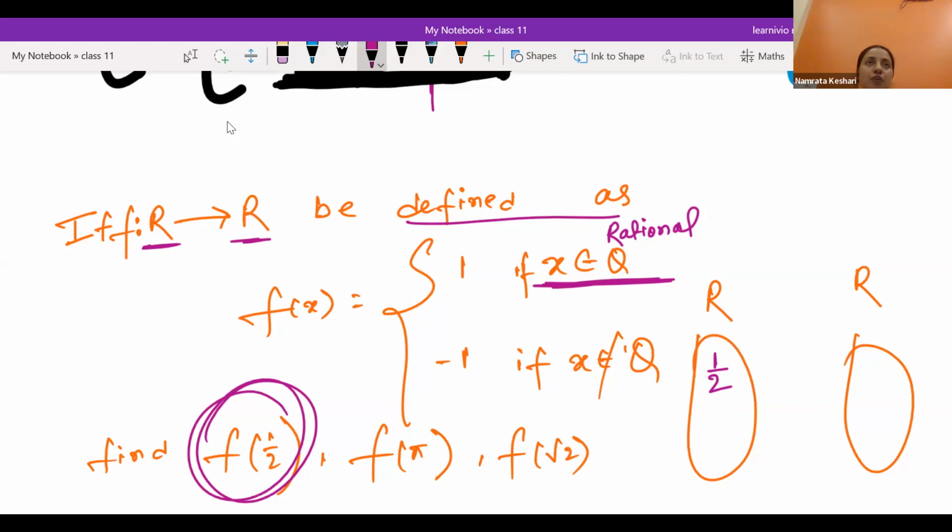Any number which is in the form of p by q, where p and q are integers but q is not equal to 0, those numbers are called rational numbers, right? Yes, ma'am. So 1 by 2 is a rational number. When you take x as a rational number, then the output or the image will be 1. Making sense? Yes, ma'am. You take any other rational number, the output will be 1.